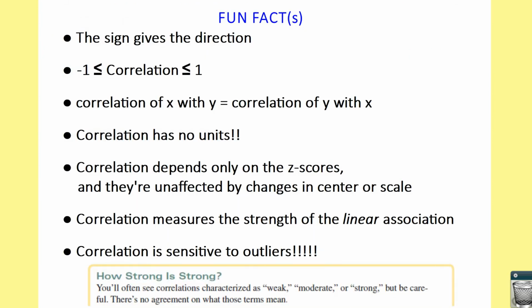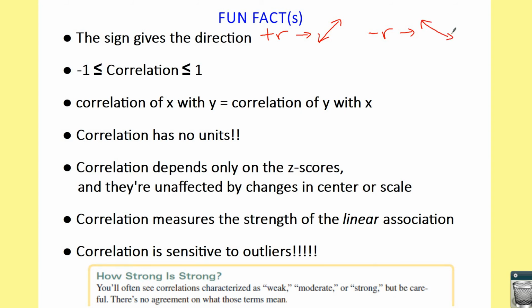All right, some fun facts. The sign gives you the direction. A positive r correlates to a positive line, and a negative r correlates to a negative line.